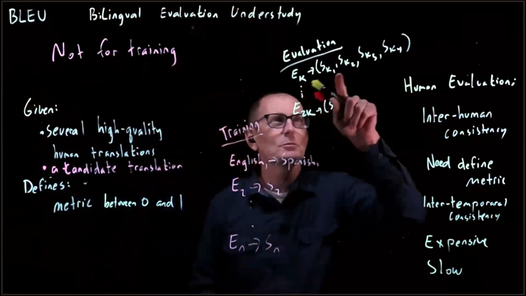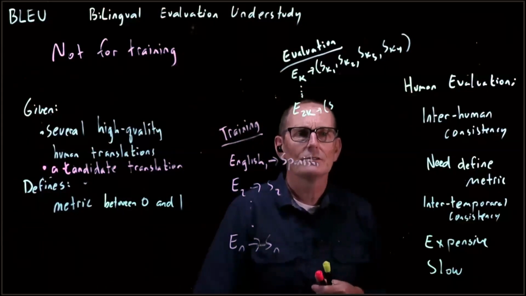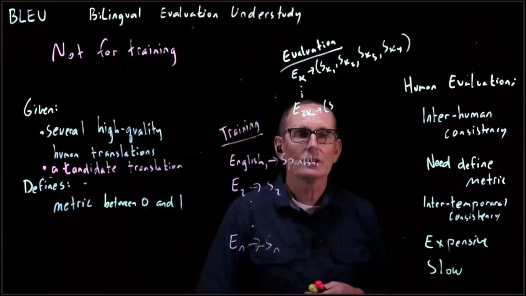And why do we have multiple translations? Isn't there a single best translation of any given English sentence? There could be multiple, like synonyms or something. Synonyms, I mean, you look at translations of all sorts of things.